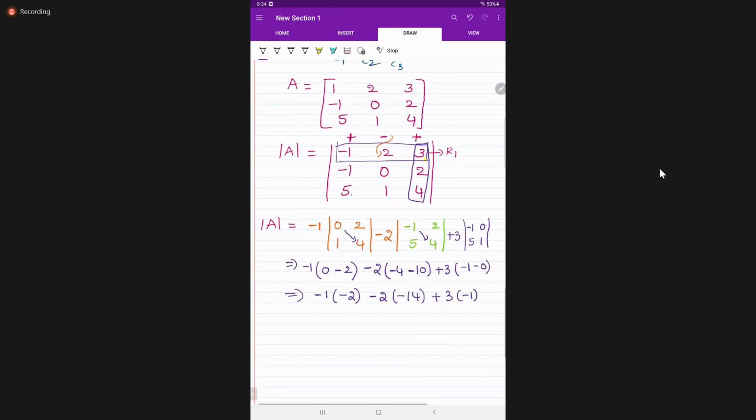Then 2 plus 12 plus 3, we get 27. What is the answer, students?